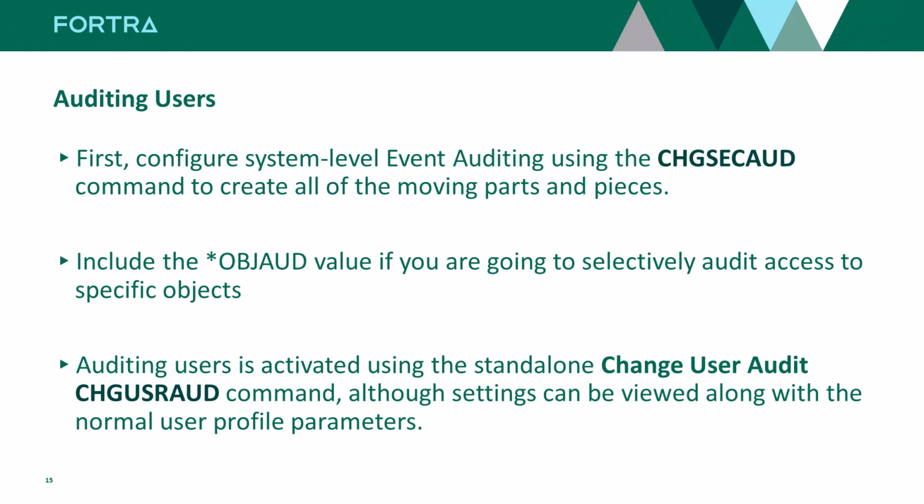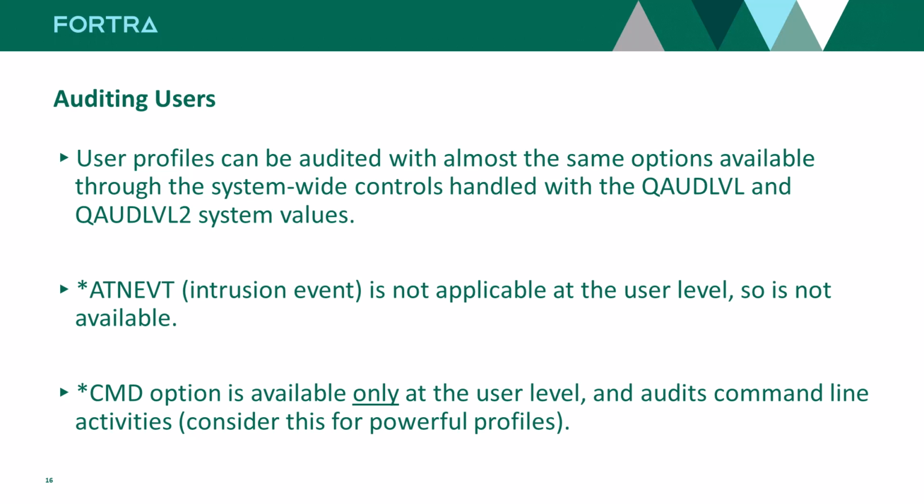Now, by including the object audit value in those default settings, it allows you to add additional auditing to specific objects so you can see more than just what's at the system value level. This is true of user profiles also. Where most of the attributes that can be audited at a user profile level are covered within the system value QAUDLVL or using QAUDLVL2, there are two that are specific, one to the system itself and one to user profiles.